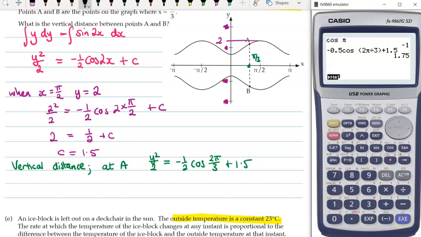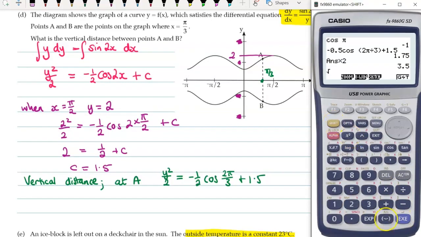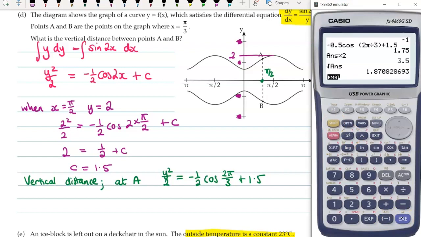Now we need to get the y value from there. So y squared over 2 is equal to 1.75. So we've got to times that by 2, and then we find the square root of that answer. So that gives us 1.87.